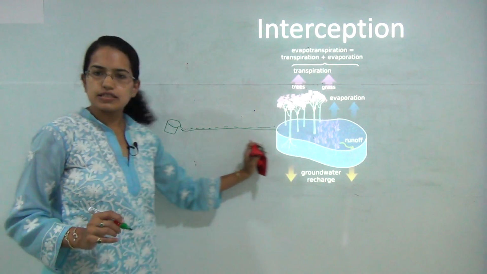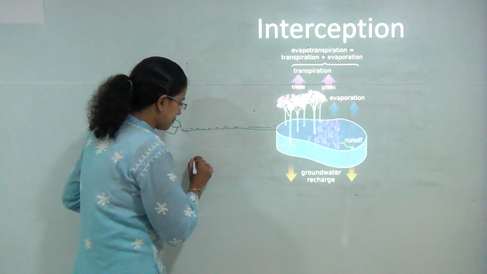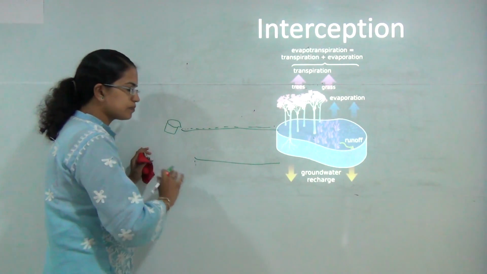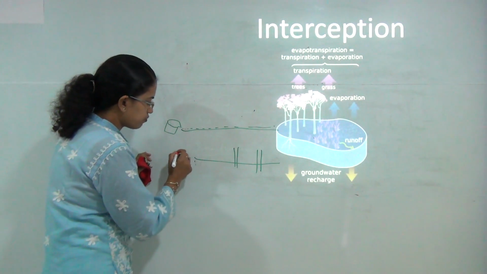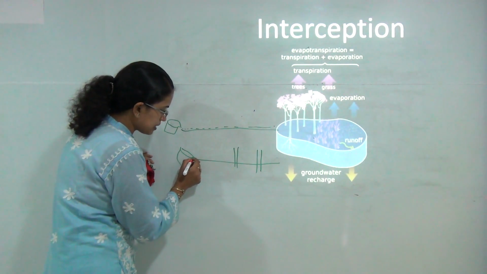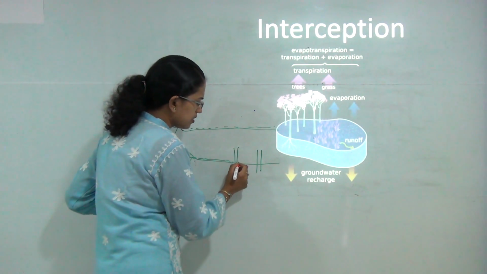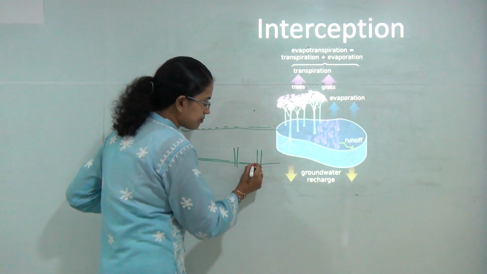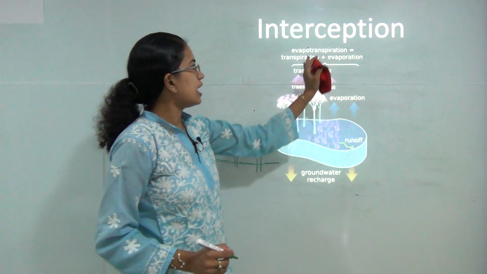That is a very smooth flow of water. But what would happen if on the same surface I have some obstructions? The water that I am pouring from this jug will go till here, and then it will find some obstruction, and only a little of it will be able to percolate or move further. So that is what is known as interception.